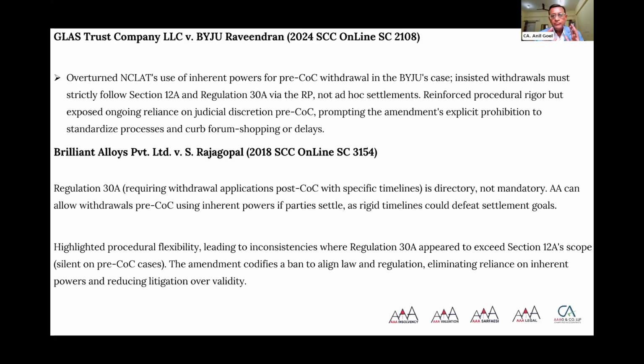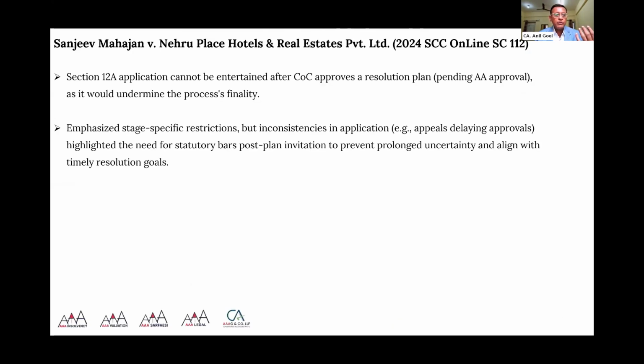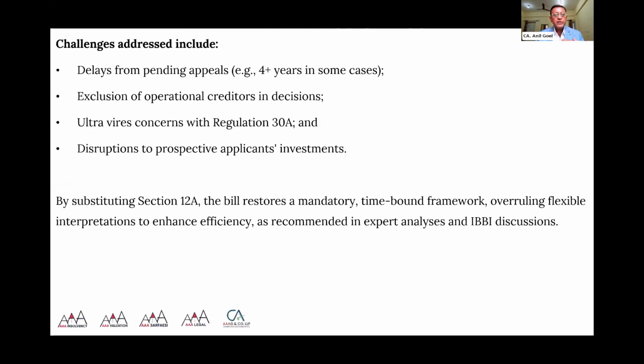That is now overridden and nullified, while Glas is now codified. Similarly, there are the cases of Swiss Ribbons and Wallace, but we are not going through all of them. Basically, the challenges which were being faced would now be addressed.